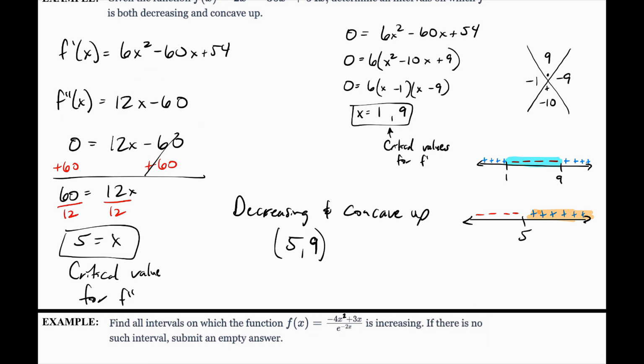That's it. Okay, so it's just nothing we haven't done. You're just combining them together and comparing the number lines. You're doing what we did for first derivative test. You're doing what we did for second derivative test, and you're just combining your answers to see where they overlap.